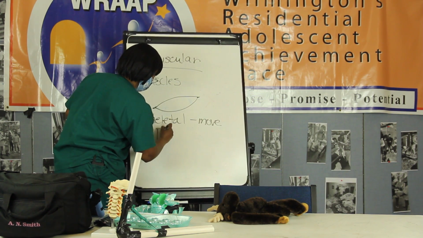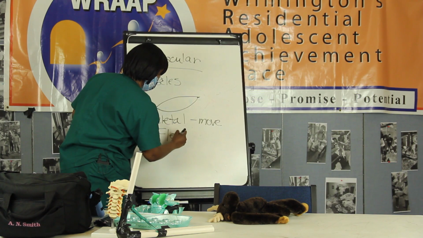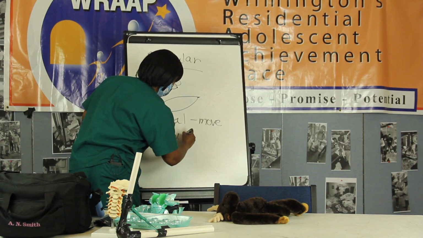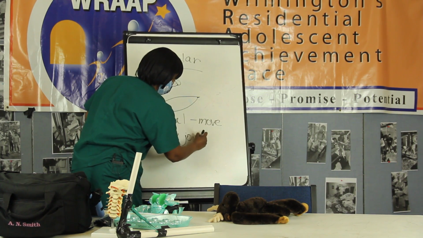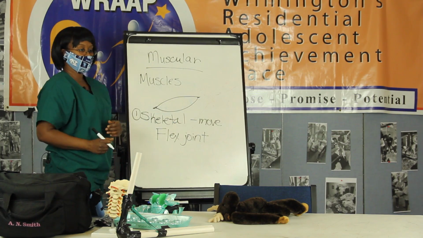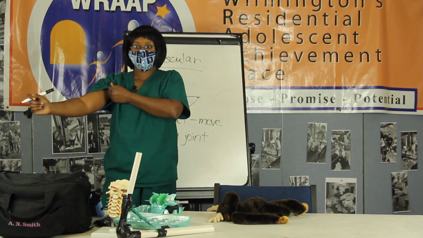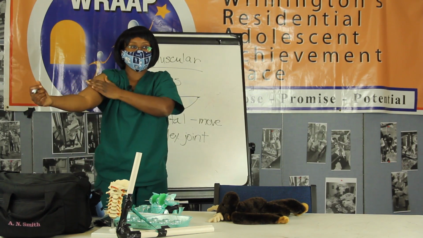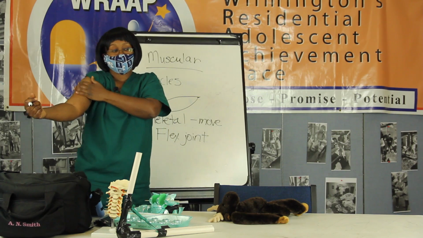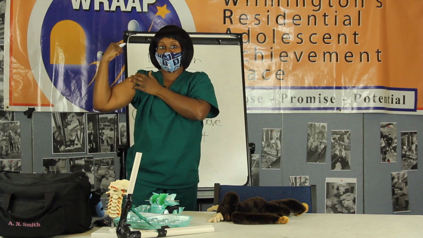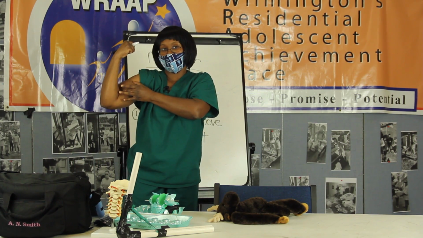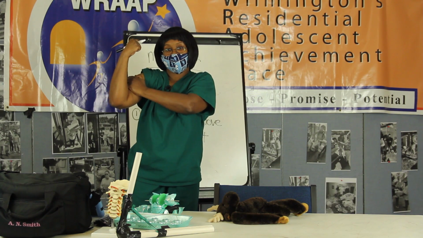It helps to flex joints. Flex meaning flexible. So if I wanted to use this bicep muscle to flex my arm, I go like this. The muscle shortens, and you get to see the bulk of it.